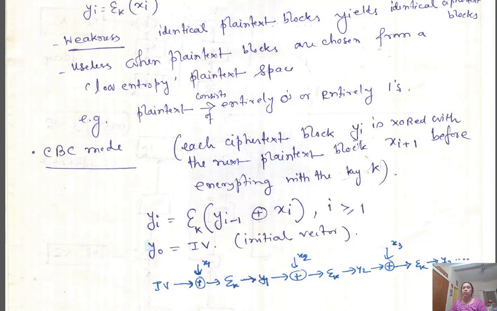Each ciphertext block is XORed with the next plain text block before encrypting. After that, you encrypt and get the next ciphertext block. Then this ciphertext block is XORed with xi+1, the next plain text block, and then passes through the encryption box.